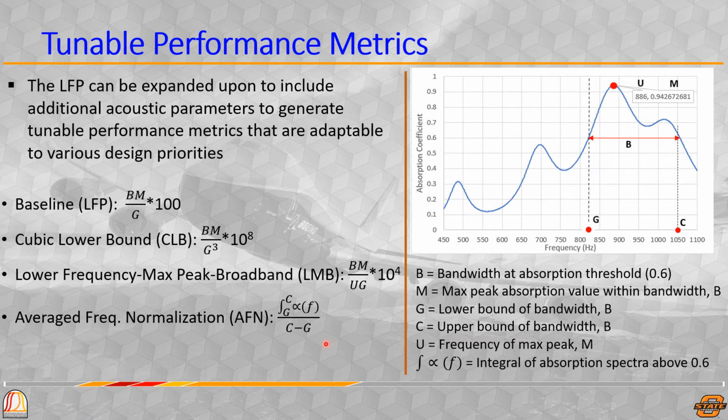The variables used for these are similar to the LFP in the earlier slides, where B is the lowest continuous frequency where the absorption is above 0.6, M, which is the peak value of the absorption coefficient that is within B, G, which is the frequency at which the line first crosses the 0.6 absorption value, C, where the line comes back down and crosses the 0.6 value, U, which is the frequency of the max peak M, and finally the integral of the absorption spectrum above 0.6.